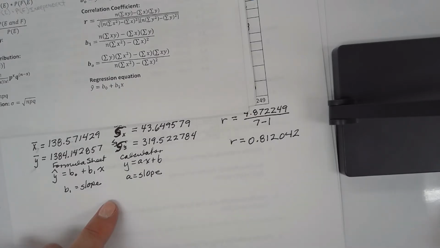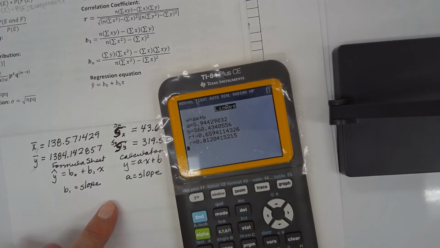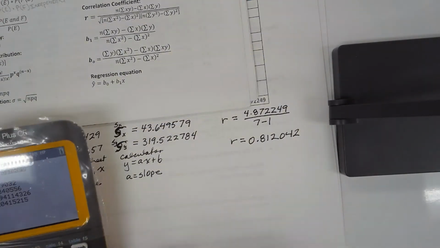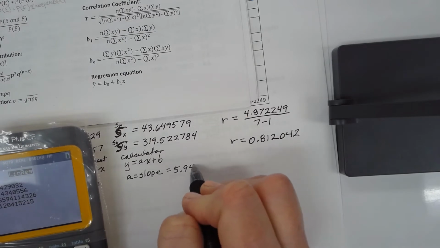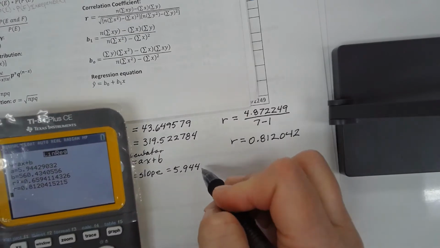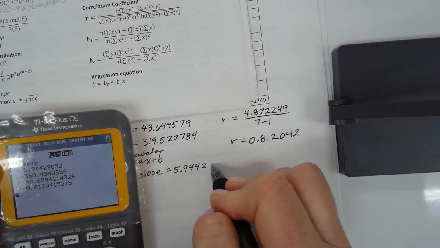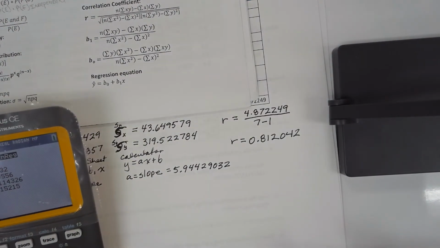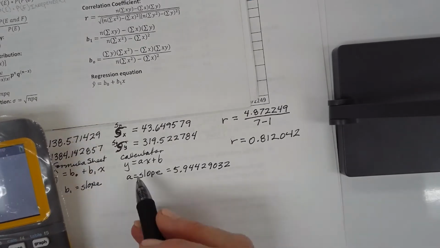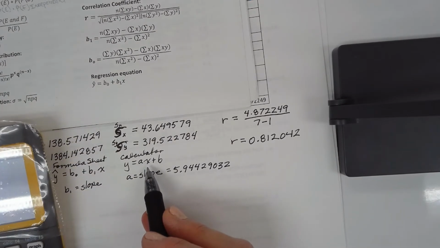So what is the slope that we were given? 5.944290032. Good. Okay. All right. So then the other one that's not next to the x, what is that?